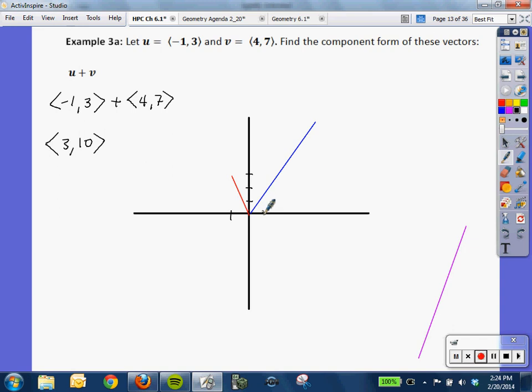We have a 4, 7, so 1, 2, 3, and 4, and then 3, 4, 5, 6, 7. And if we take the terminal side of vector u and connect it to the initial side of v, then the resulting vector u plus v will go from the initial of u to the terminal of v.